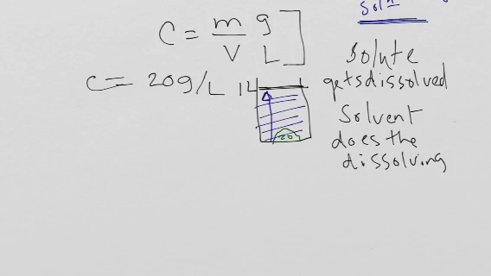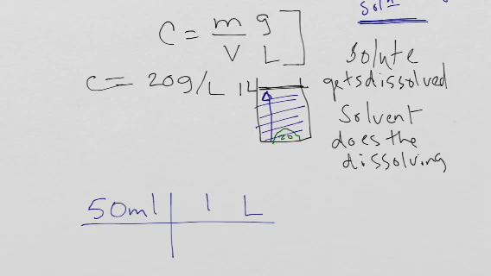We start off with what we've got: I have 50 milliliters and I want to bring it up to liters. I have to get rid of this unit, so I'm going to put it on the bottom. How many milliliters are there in 1 liter? 1,000 milliliters in 1 liter.